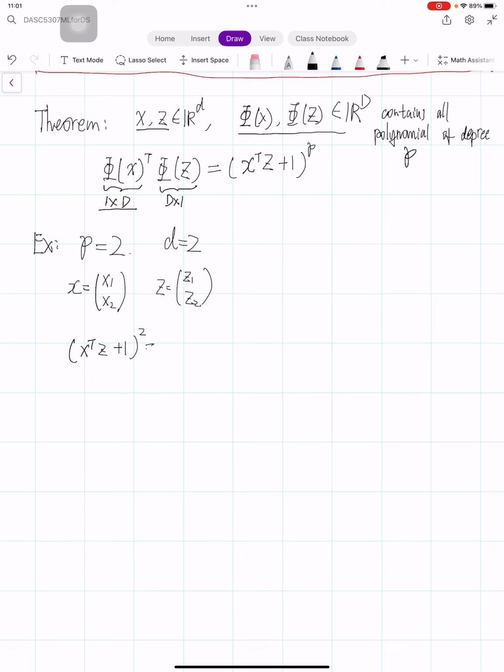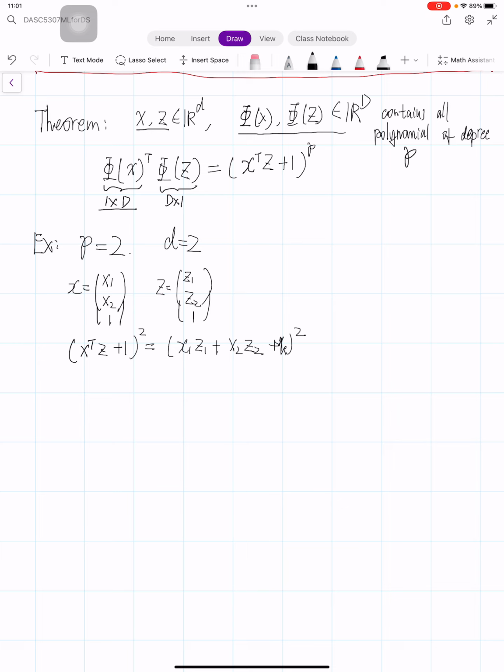So what does this give us? It gives us (x1 z1 plus x2 z2 plus 1) squared. Sorry, I think we also need to include the intercept term, because in the design matrix we want to include the coefficient intercept.